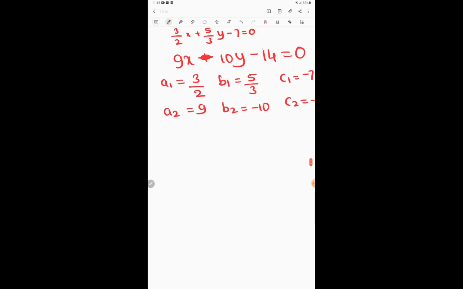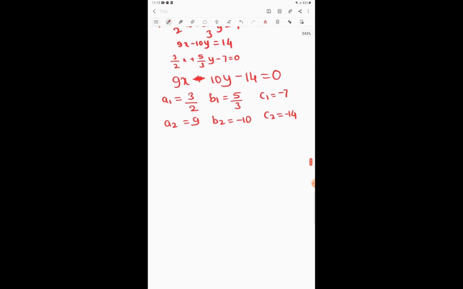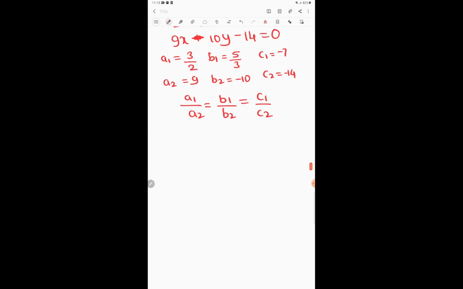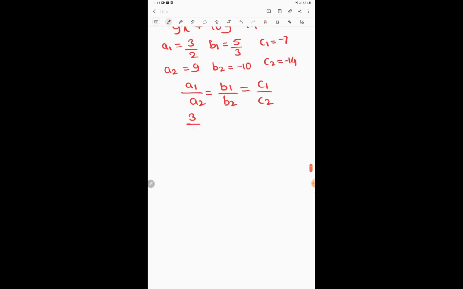Then we compare the ratios here: a1 by a2 is equal to b1 by b2 is equal to c1 by c2. a1 by a2 means 3 by 2 over 9, b1 by b2 is 5 by 3 over minus 10, c1 by c2 is minus 7 by minus 14.